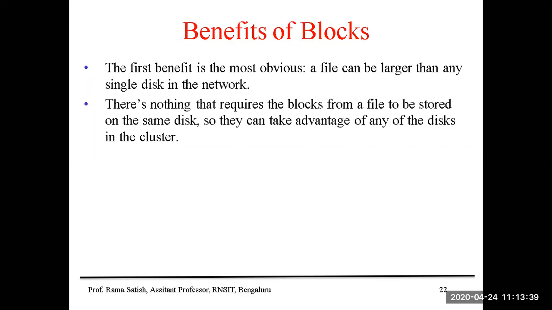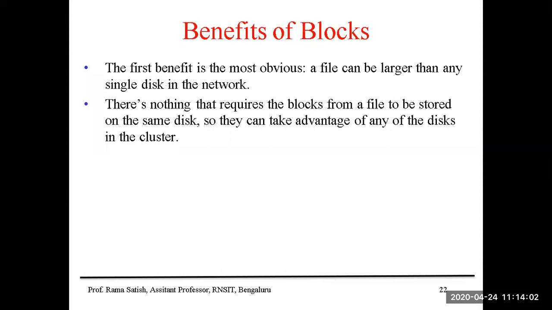So why does it store the second copy in a different computer, a different rack? Because if the computer fails, okay, and if the entire rack fails, what happens? If you maintain the second copy in the same rack, that is another problem. If the entire rack fails, you will lose the data node, and the secondary copy also.